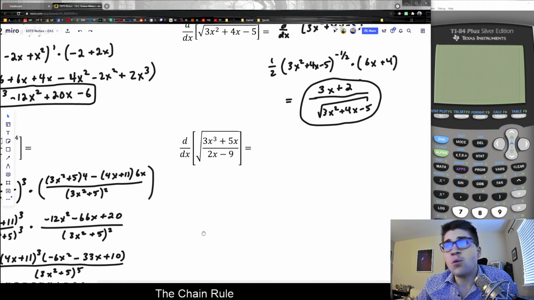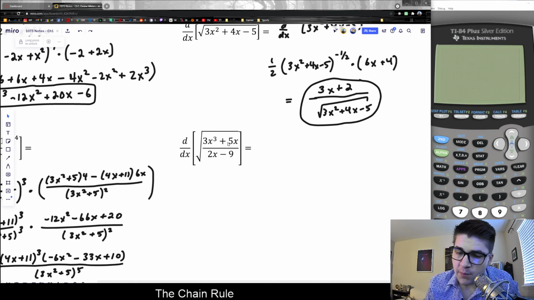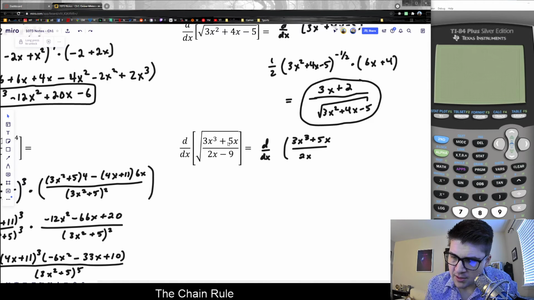Let's go ahead and do one more. Let's say I had this horrible rational function within a square root. Whenever I'm dealing with roots, it's helpful to think about them as exponents because I can transition to using the power rule instead. So I have this whole thing to the 1/2 power.